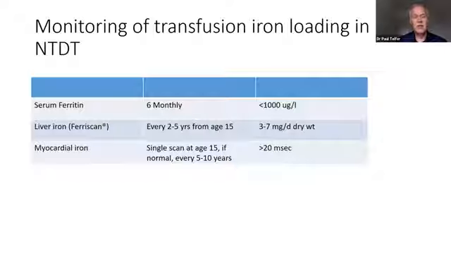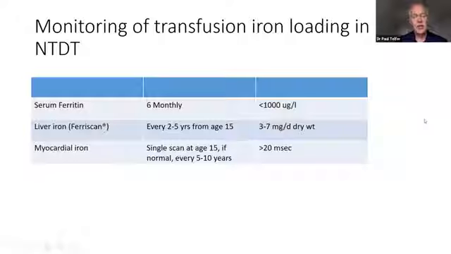Liver iron concentration should be measured perhaps every 2 to 5 years, and in those where the liver iron level is higher and they're on a chelating regime, then the liver iron concentration and the ferritin would need to be measured more frequently than that, perhaps every year for liver iron.